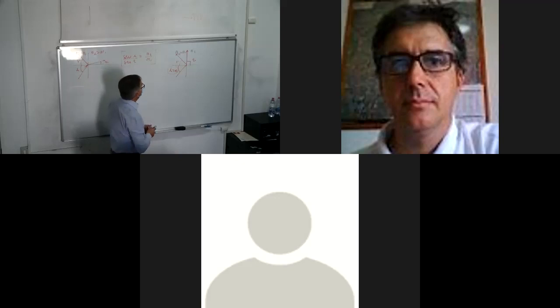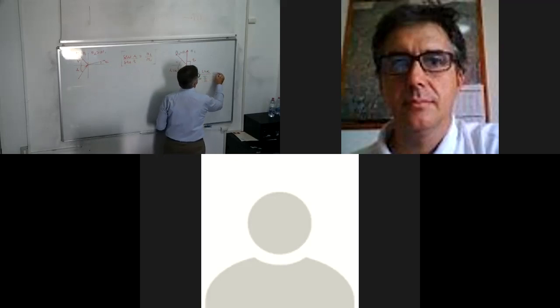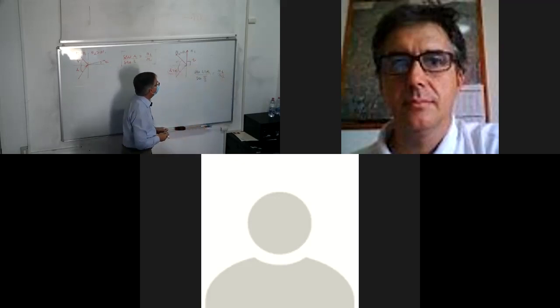And we understood that sinus of this angle divided by sinus pi over 2 must be equal to N2 over N1.